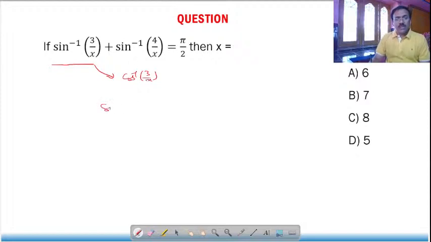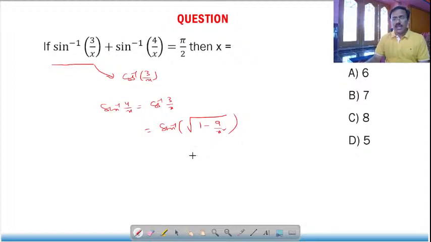So that means, friends, sin inverse 4 by x is equal to cos inverse 3 by x. From the options, x is positive. So can I write it as sin inverse of root of 1 minus 9 by x square?